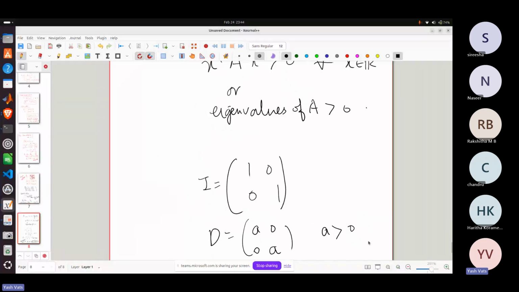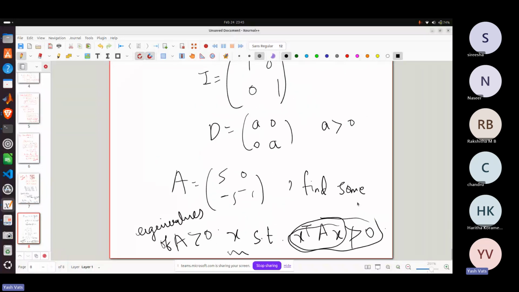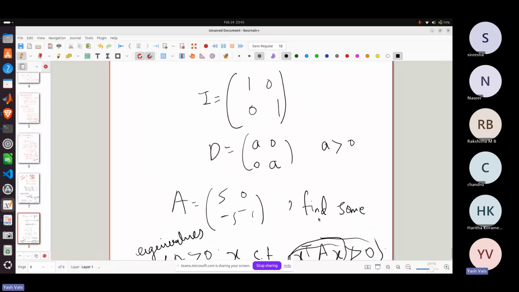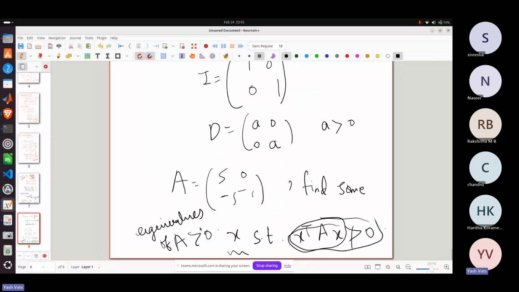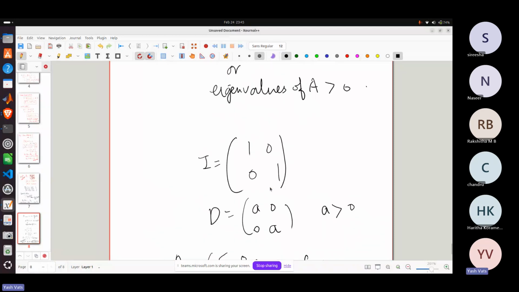But if you have to prove it is not positive definite, just try to find such an x such that this happens. Or try to prove that eigenvalues are less than 0 or something. Anyways, you can do anything.